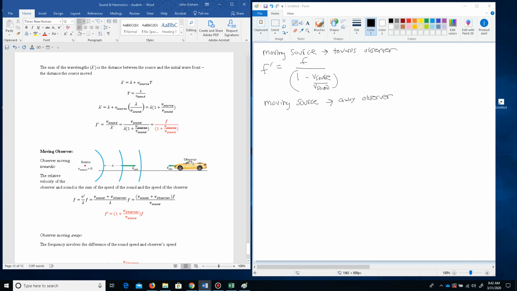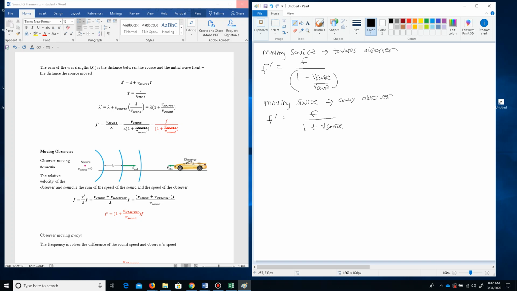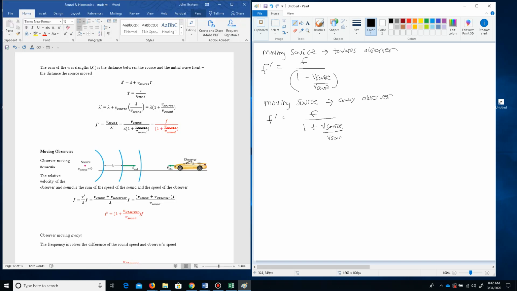And so the equation for this new frequency looks very similar: old frequency over 1 plus v source over v sound. And really it's just a matter of, if it's moving towards, you have a minus sign. If it's moving away, you have a positive sign. So you're looking at pretty much one equation here.